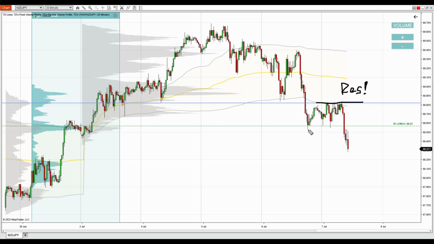And when you are trading longs from here, you want to quit at the first resistance. You want to quit in here. So this was the first resistance standing in the way, the ideal place to quit your trade.